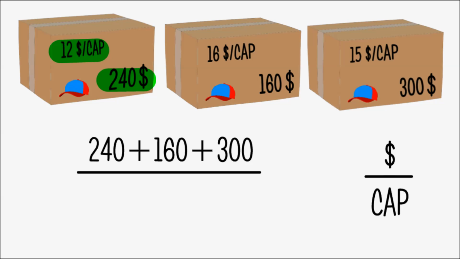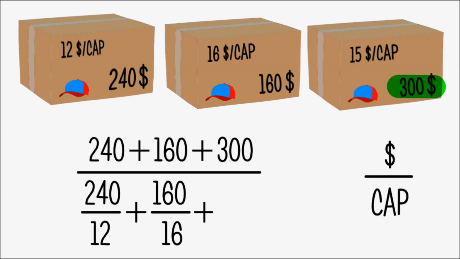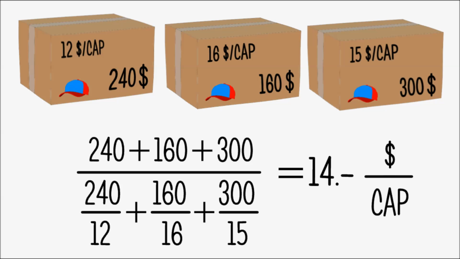That is only possible if that delivery consists of 20 caps, which is 240 divided by 12. Similarly, the second delivery must consist of 160 divided by 16, i.e. 10 caps, and the third delivery must consist of 20 caps. Therefore, the average price must be $14 per cap.